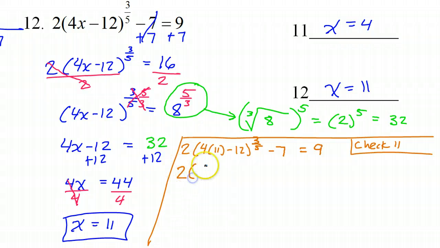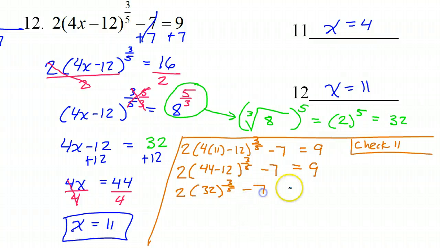So that's going to give us 2 times 44 minus 12 to the 3/5 power minus 7 equals 9. Okay, 44 minus 12 is 32. So this will give us 2 times 32 to the 3/5 power minus 7 is equal to 9.